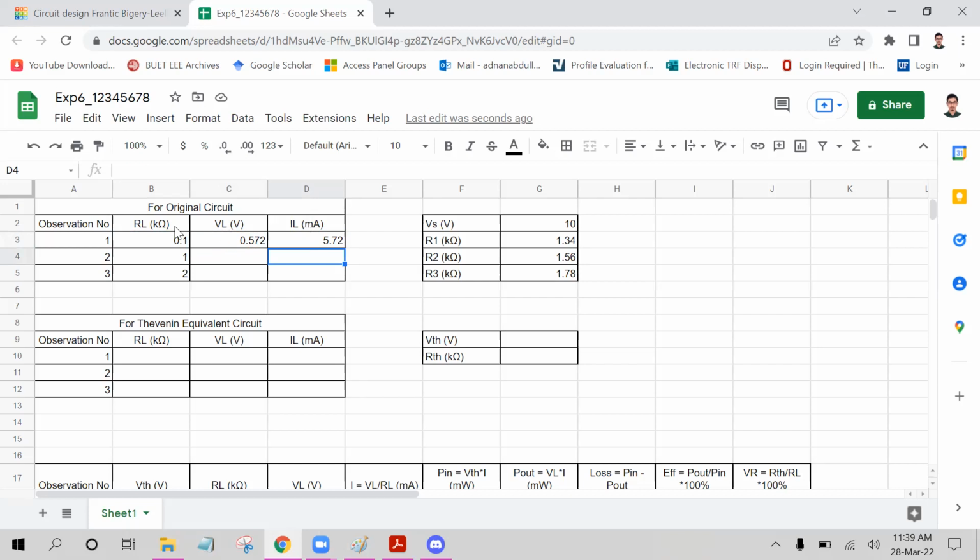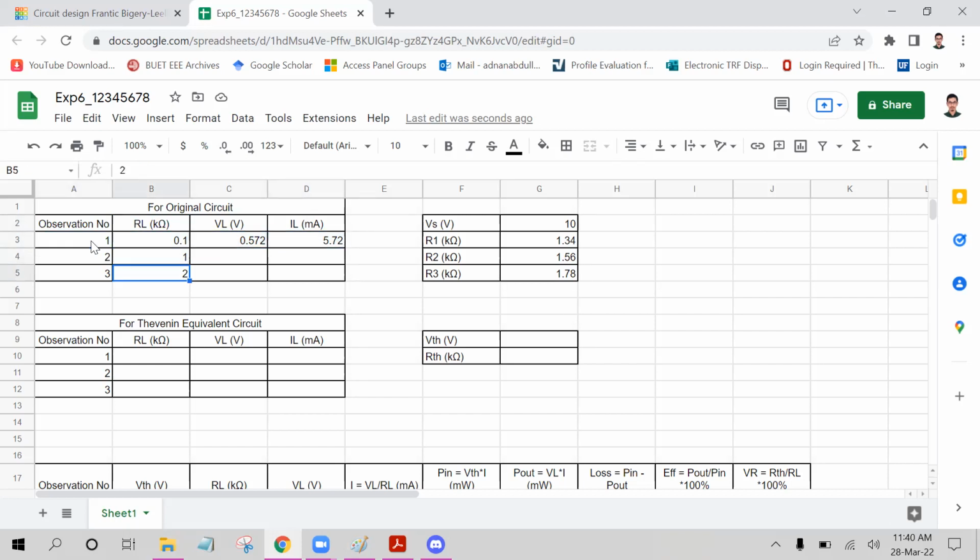Because we have put the resistor values in kilo ohm. So when something is divided by kilo, or 10 to the power 3, it becomes 10 to the power minus 3, or milli. Is it clear to everyone? Okay, so that is observation number 1. I have done it for you.